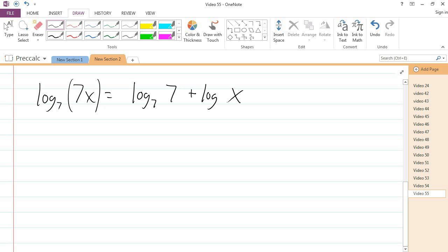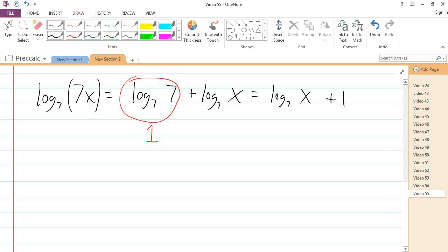One reason why I might want to do that is splitting it up may allow me to simplify the log a little further. For example, I know from a previous property that log of the base is always 1. So log with 7 as a base of 7 is 1. So this simplifies to log of x plus 1.